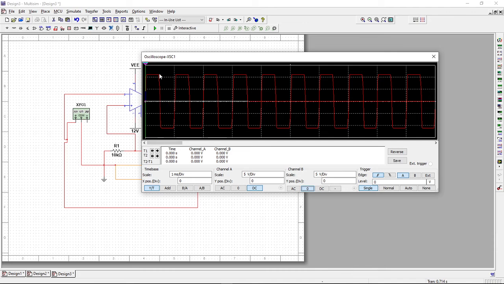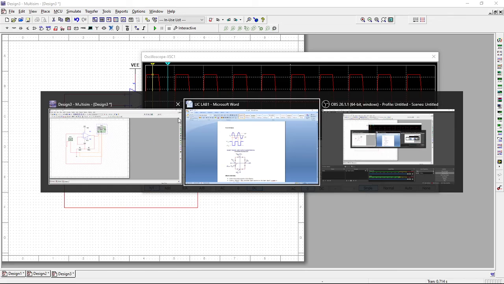If I keep one probe at plus VSAT and another probe at minus VSAT, we can see the first probe, T1, gives minus 11 volts as minus VSAT, and the second probe, T2, gives 11 volts as plus VSAT.